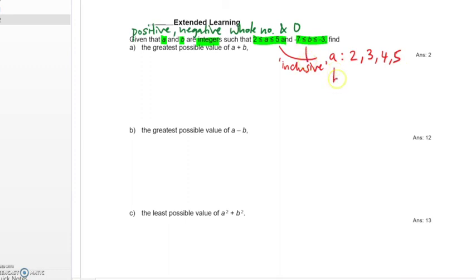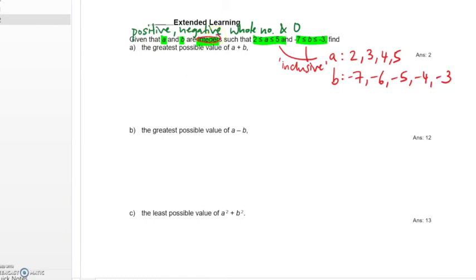And B can possibly be -7, -6, -5, -4, and -3. So these are the possibilities that A and B can take, and these are the only possibilities. We cannot have any fractions, we cannot have any decimals because they must be integers.